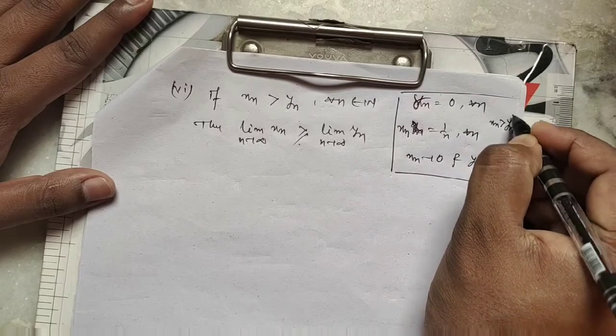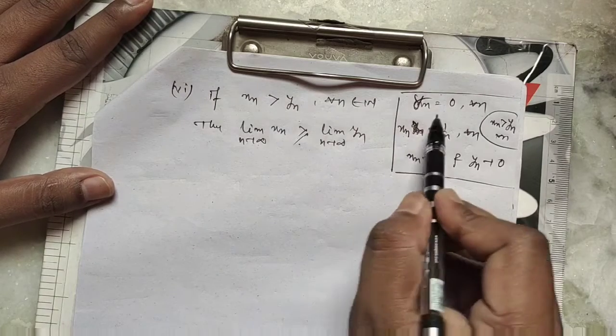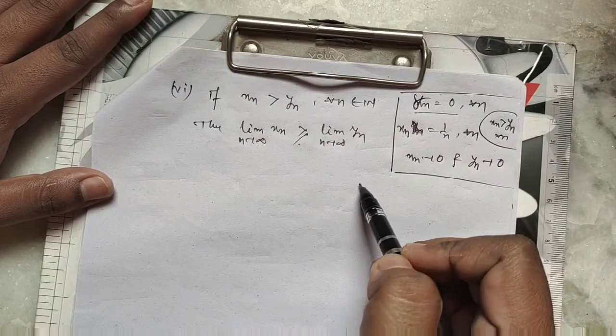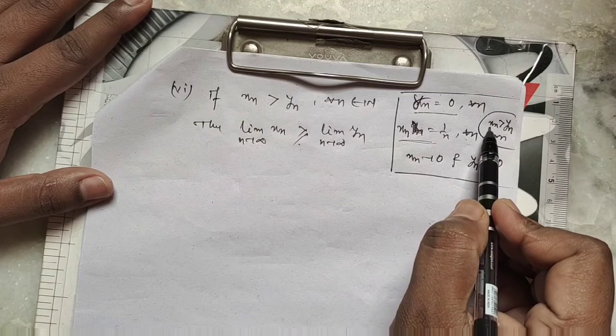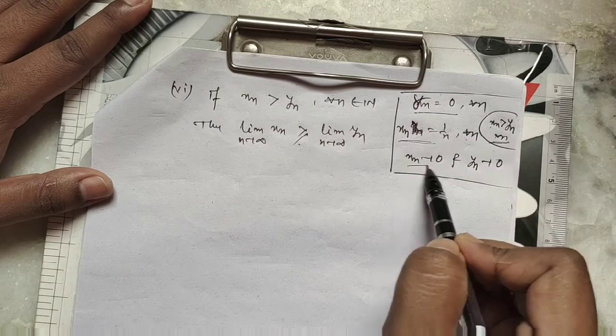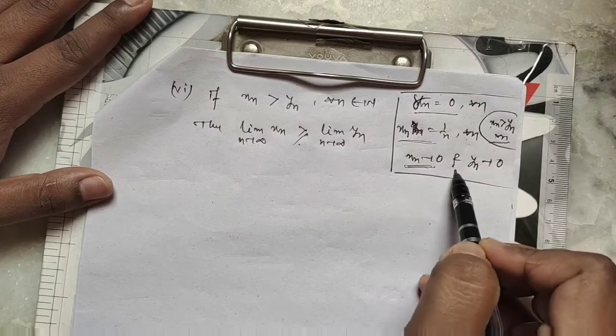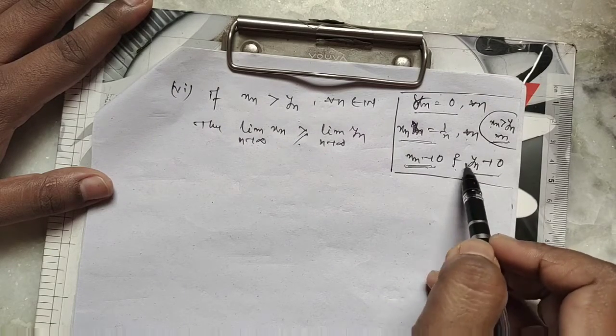xn is greater than yn for all n. So if yn is 0 for all n and xn is 1 by n for all n, then xn is greater than yn for all n. But xn tends to 0 and yn also tends to 0. So the limit is equal.